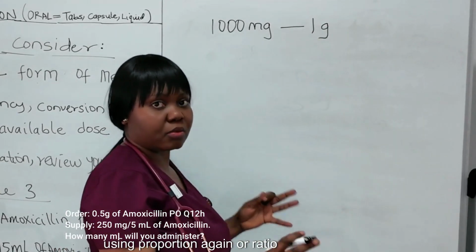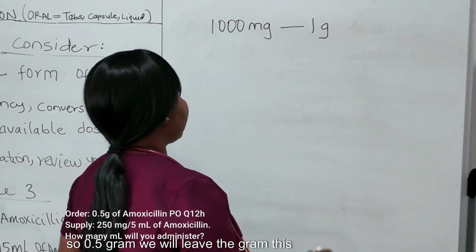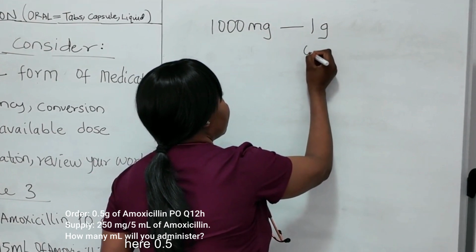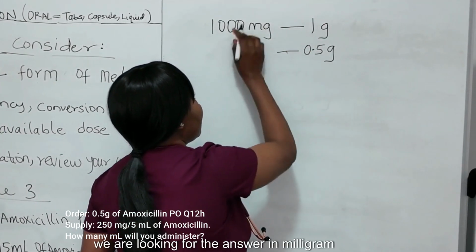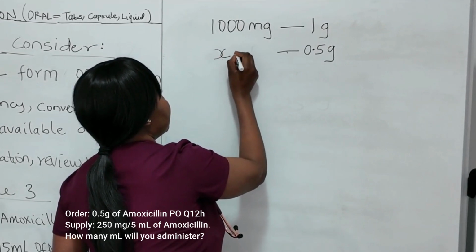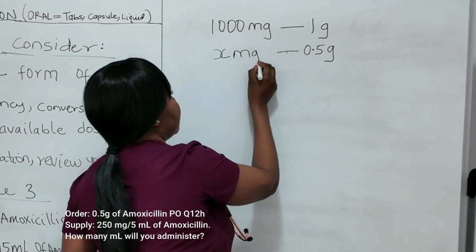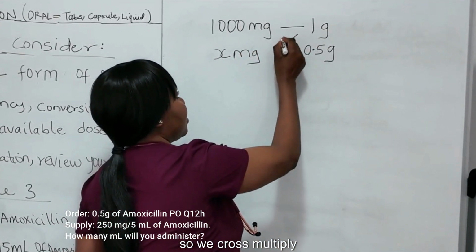Using proportion or ratio again, 0.5 gram, we're looking for the answer in milligram, X milligram. So we cross multiply.